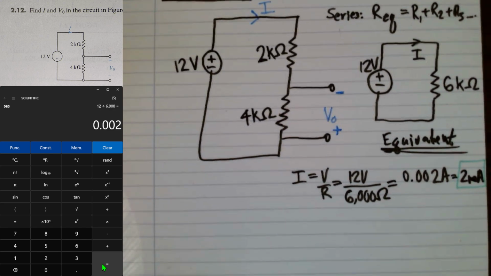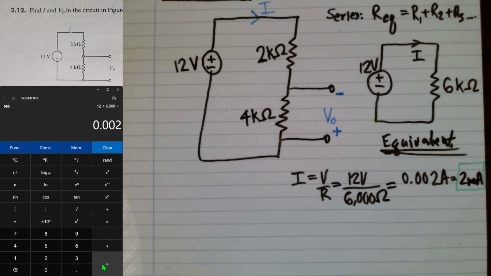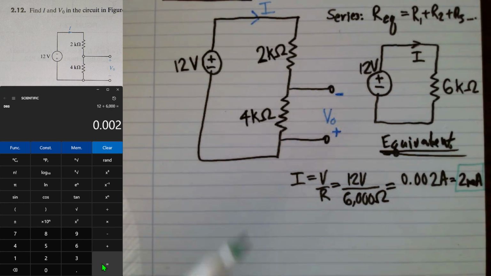Now, let's go ahead and calculate the voltage drop across the 4 kiloohm resistor.